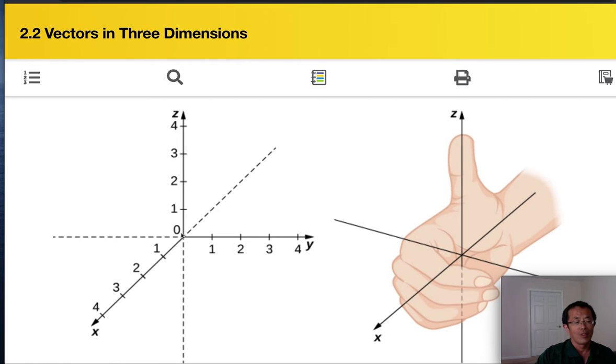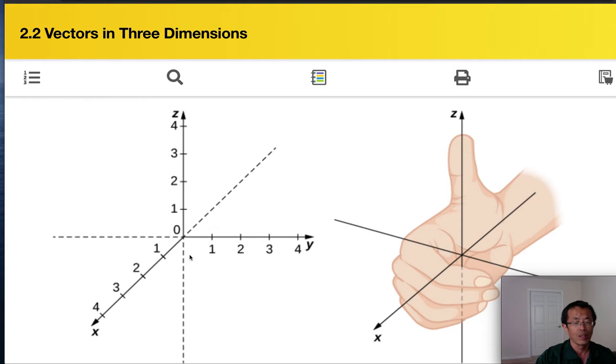This is the x-axis, y-axis, z-axis. Be careful about the order or the orientation of x, y, and z. Basically, x, y, and z have to be ordered in the counterclockwise direction.